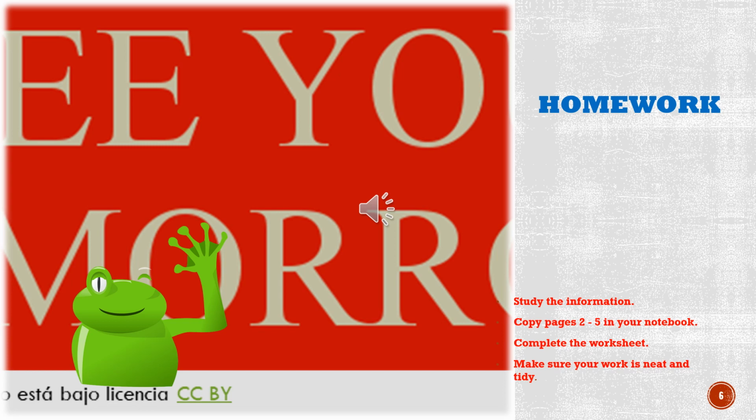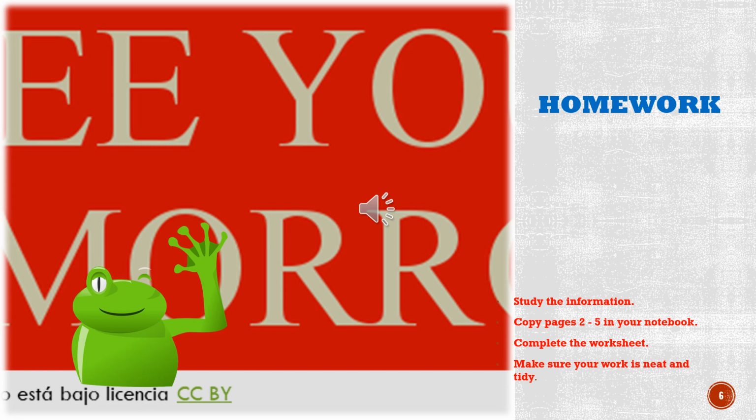If you don't understand or you have any doubt, please let me know. You need to understand this and you need to practice this. Now, there is a worksheet that I will send via WhatsApp, and you need to complete that worksheet. That's why you need to understand these two lessons, because you are going to complete this worksheet.